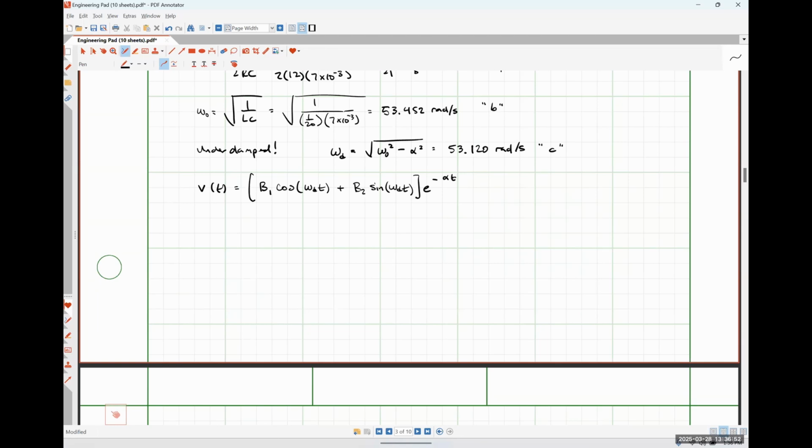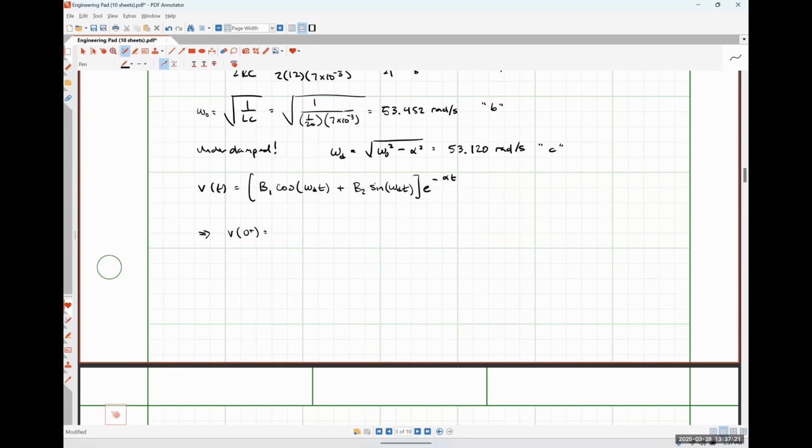So what happens if I evaluate this at t equal to 0? What happens to a cosine function if t is equal to 0? It's 1. What happens to my sine function if t is equal to 0? It's 0. What happens to my exponential function if t is equal to 0?